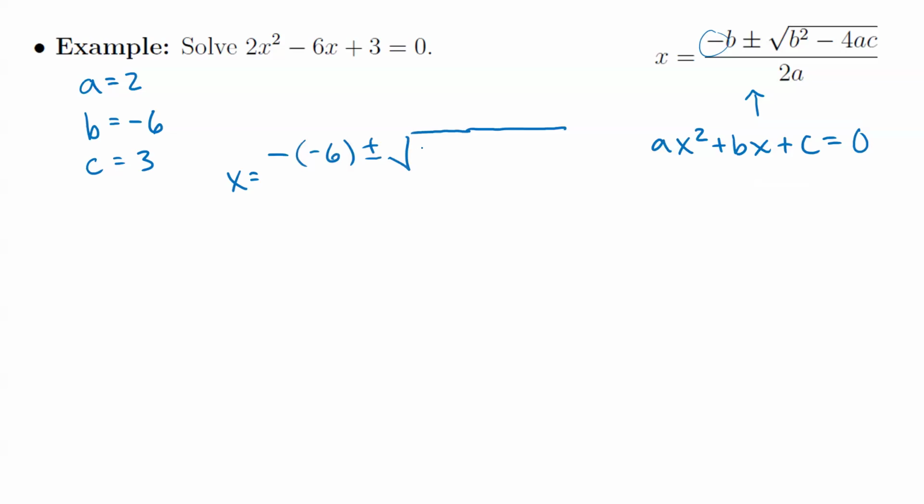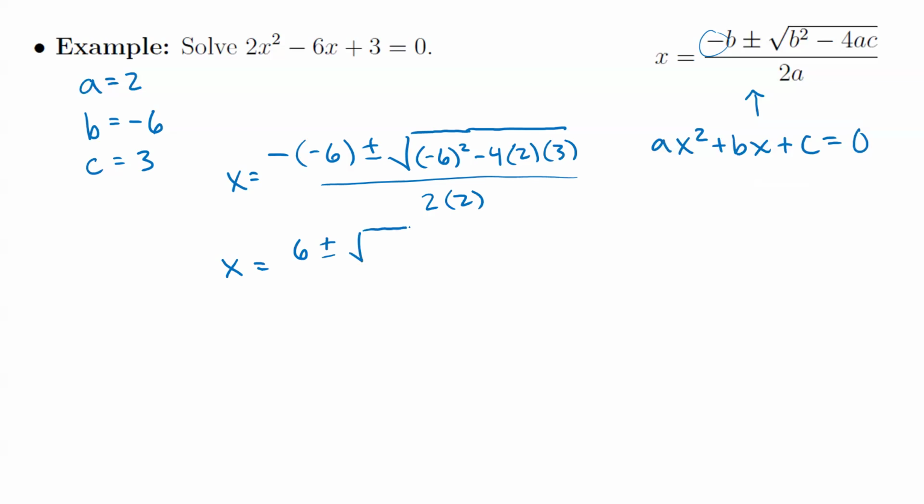And then b squared, so negative 6 squared minus 4 times a times c, all divided by 2a. Now we know that the opposite of negative 6 is just 6, so that can be positive.